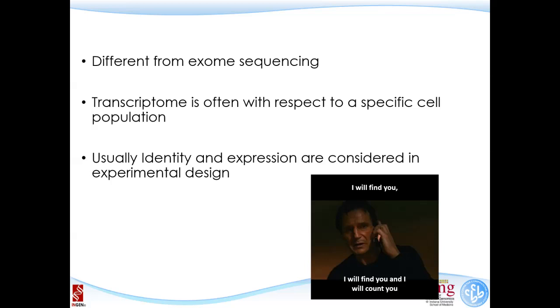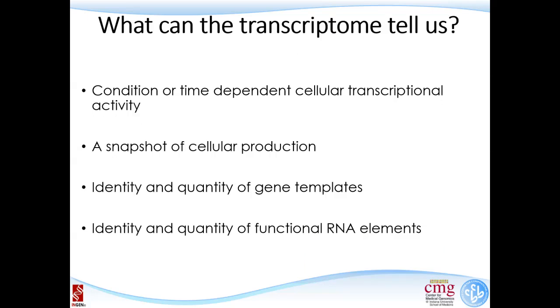This can be a cell type or some other controlled population of cellular identity or treatment group. Also, we want to identify the transcripts that are there, but we also want to quantify them simultaneously. So that leads to this multi-step process that I'm going to be covering.